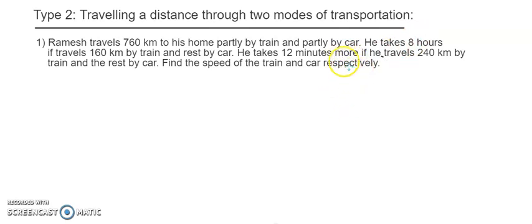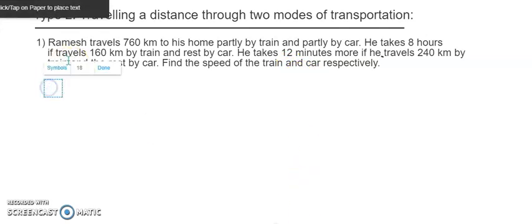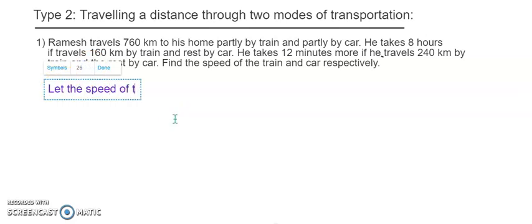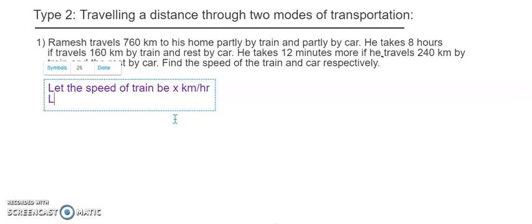you with now. Okay, so first thing, is there any information given about the speed of the train and the car? No. So we are going to first take that as x and y. So we'll say, let the speed of train be x kilometer per hour and the speed of car be y kilometer per hour.